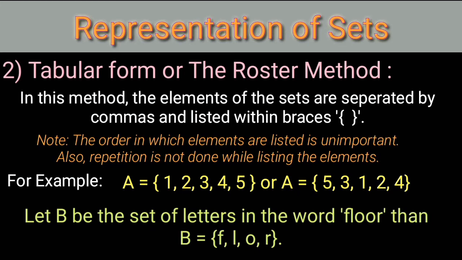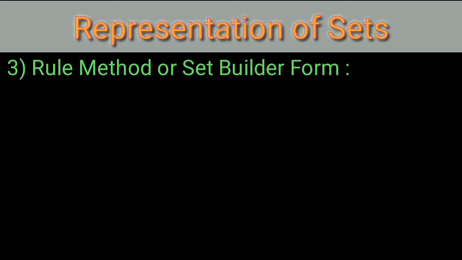In the same way, for the letters of the word floor, we will not repeat O. O appears 2 times in the spelling F-L-O-O-R, but we will write only one O in our set. So B will be equal to {F, L, O, R} only.